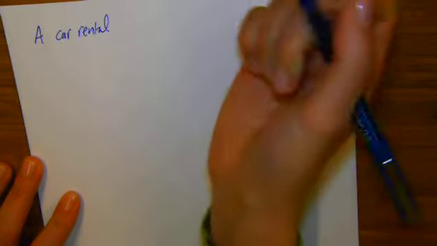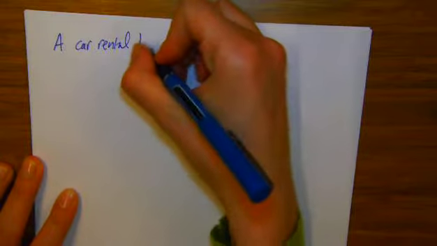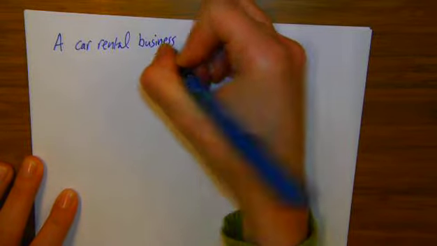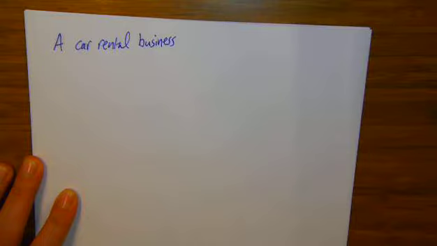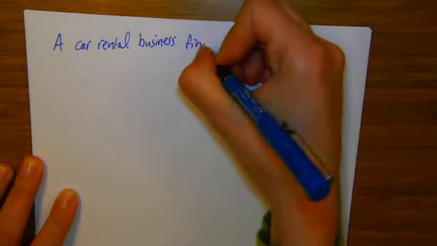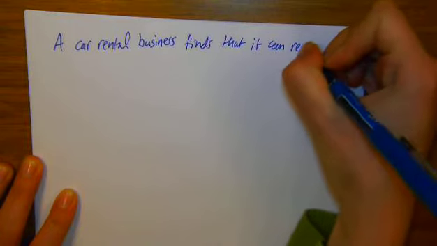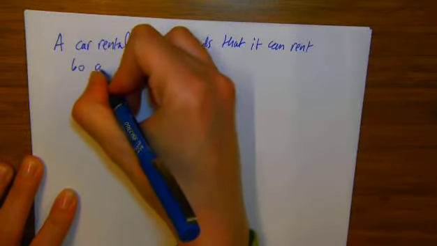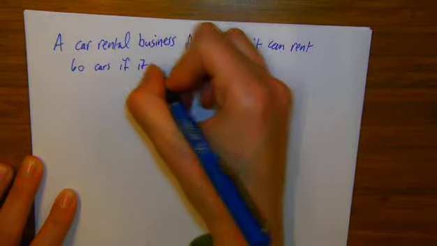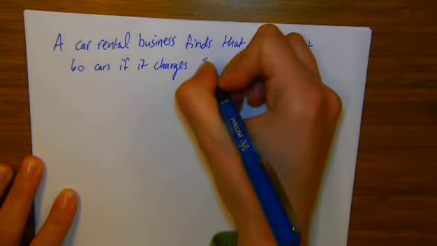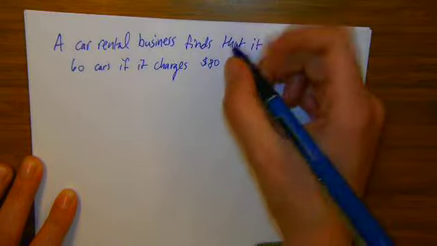Another example that you could see with the word problems is if you have to write your own equation. So let's say we have a car rental business that finds that it can rent 60 cars if it charges $80 for a weekend.